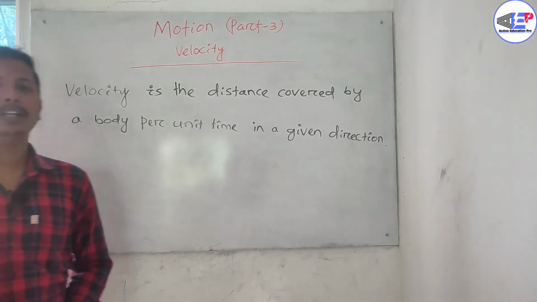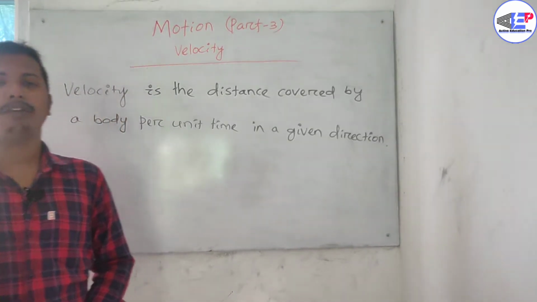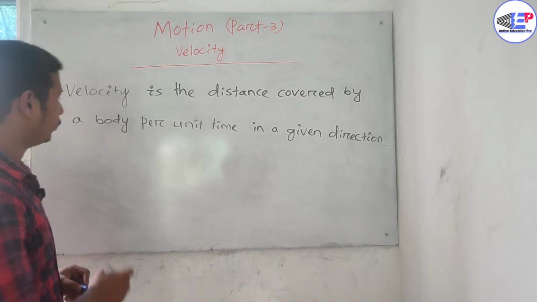So velocity is the distance covered by a body per unit time in a given direction.